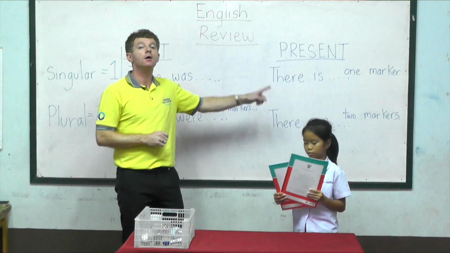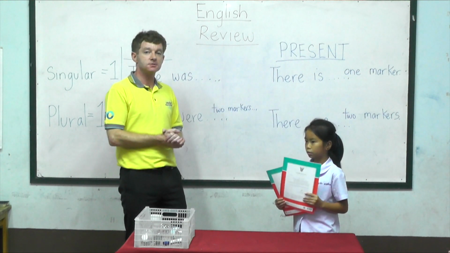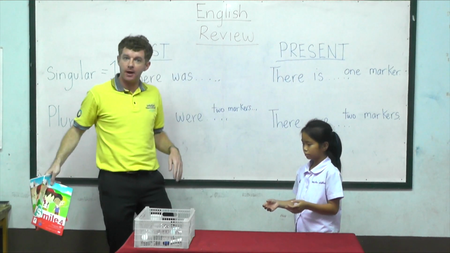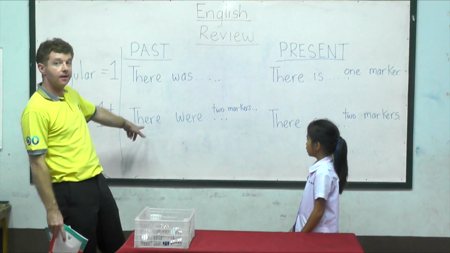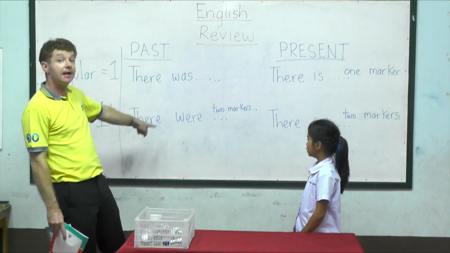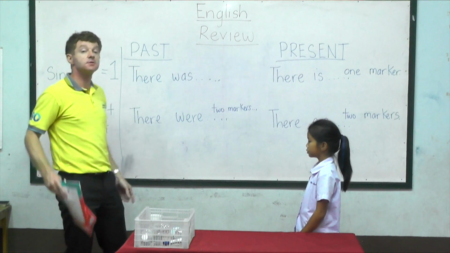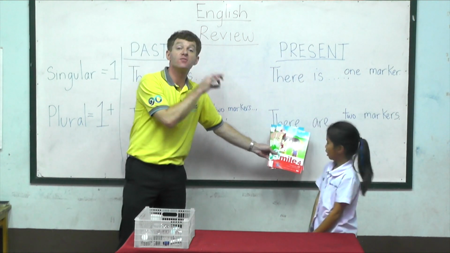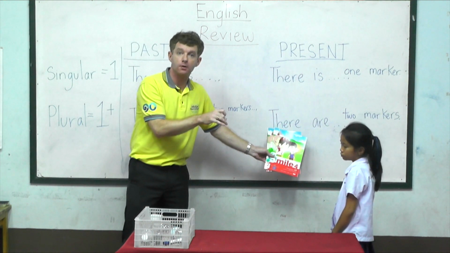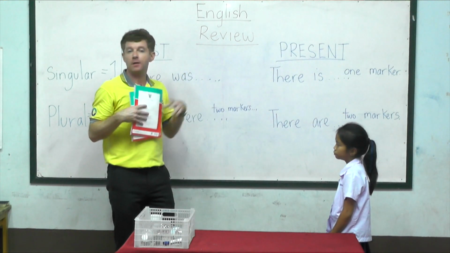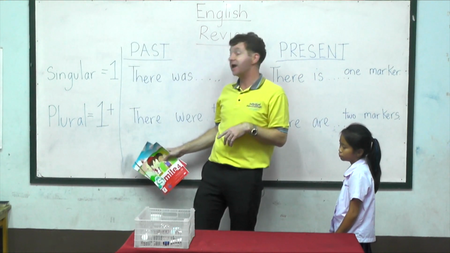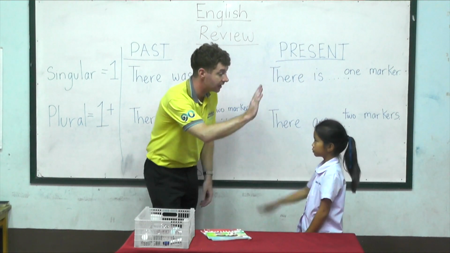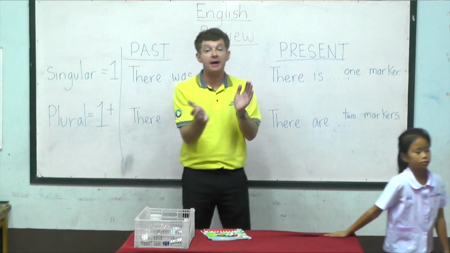There are two markers. But now, Prel, excuse me, I take them away from Prel, and what will we say? Two books. You see, present tense, plural items, there are two books. But once they're removed and into the past tense, there were two books. Prel, that was excellent. High five. Big round of applause for Prel.